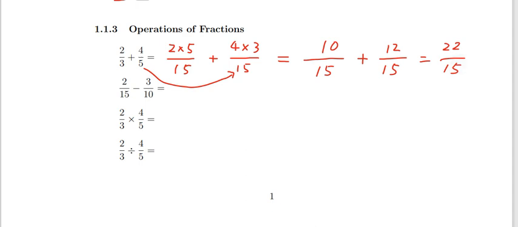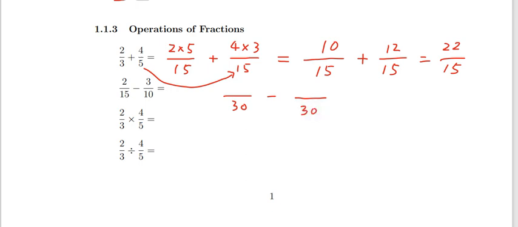Subtraction is also the same. We need the same denominator, a common denominator. Here the common denominator is not just multiplied together; we say the least common denominator, the smallest. The smallest denominator is 30.